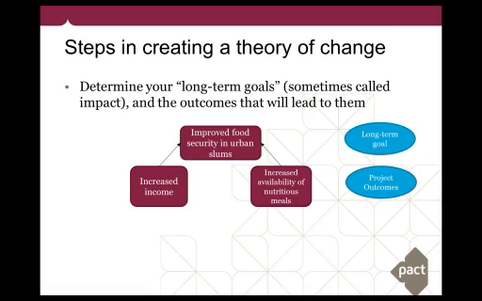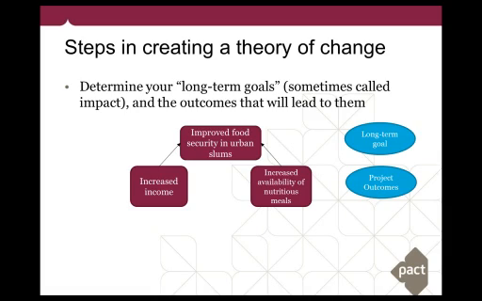So the first thing that you want to do is determine the final objectives of your project, your long-term goals, and your impact. For example, your long-term goal might be improved food security in urban slums. So what you're trying to do then is figure out how you get there. The outcomes from your project might be twofold.